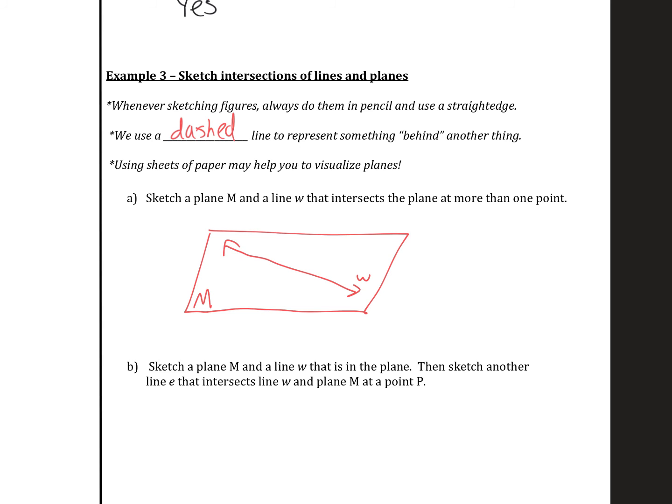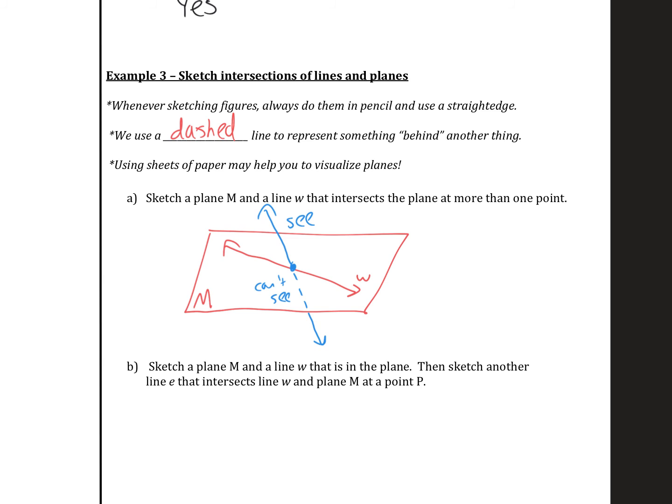If we had a line that was angled up a little bit, it went through the paper like this, and this dashed part was behind, you can see this, and you can't see the dashed part. So imagine that line is going out the top of the paper and going through the bottom of the paper. You can see it'll cross at one point here.